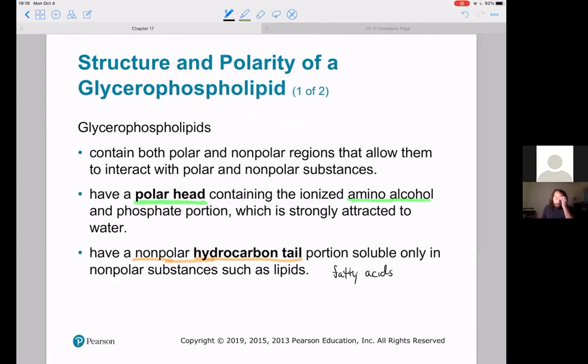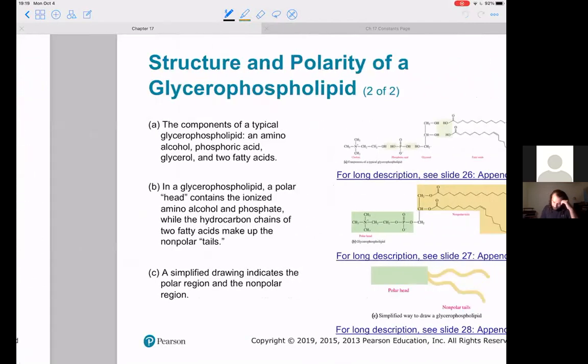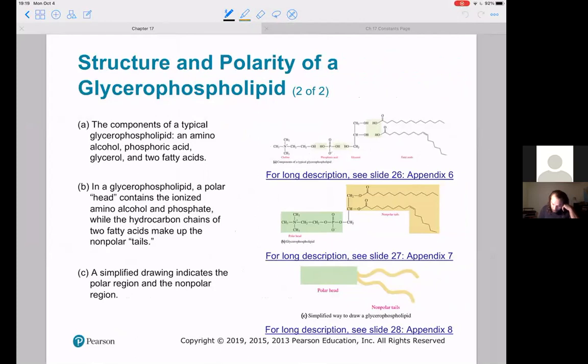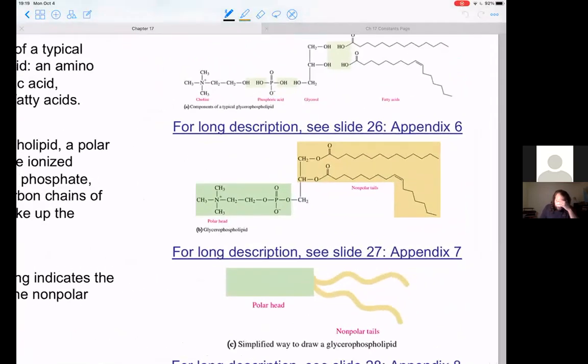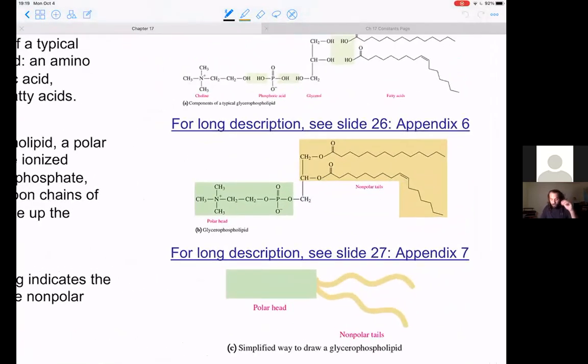All right, so glycerophospholipids have one end that is polar and one end that is non-polar. Okay, so often what you'll see is these glycerophospholipids drawn in such a way where one end has that polar end and the other end has that non-polar tail.